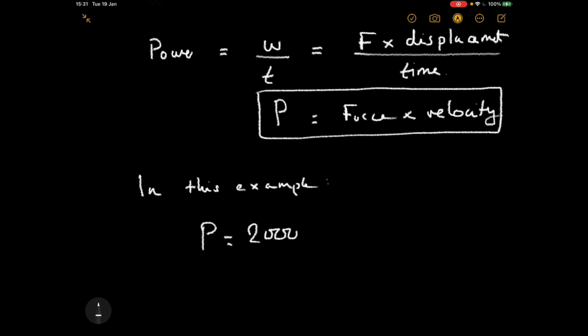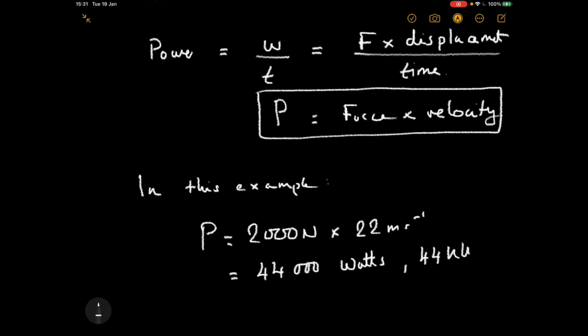Power is equal to 2,000 newtons times 22 meters per second, which equals 44,000 watts, 44 kilowatts. And you can see that newtons multiplied by meters per second gives you the same base unit as the standard watt.